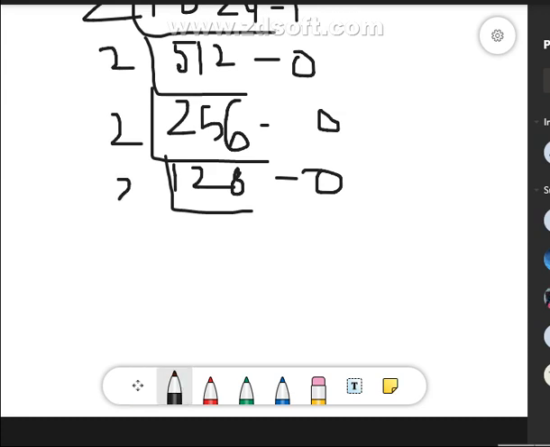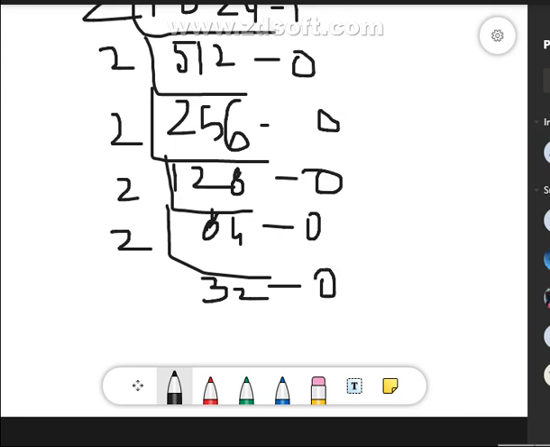And again we have to take the number: 2 6s are 12, 2 4s are 8. The remainder is 0. 2 3s are 6, 2 2s are 4.